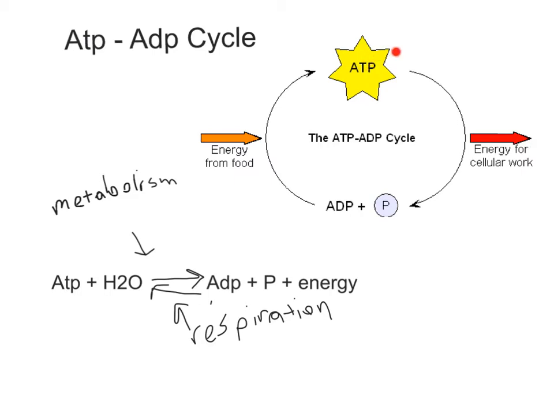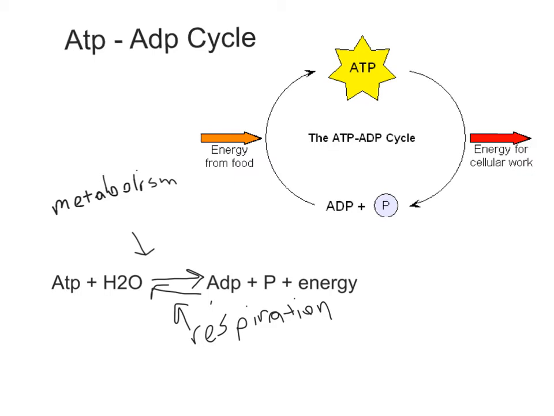So over here we have metabolism, where you release energy when you break off that phosphate. You have ADP and the third phosphate, and these float off separately, and hopefully the ADP finds another phosphate, and hopefully this phosphate finds another ADP. When you break down that food, the energy that's released re-adds the phosphate to the ADP.